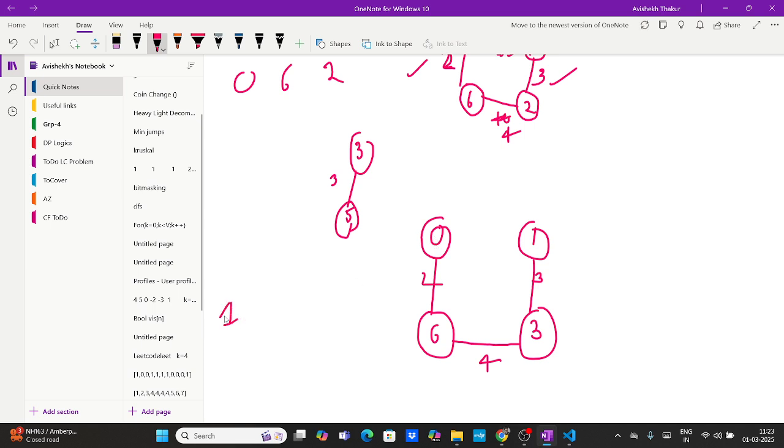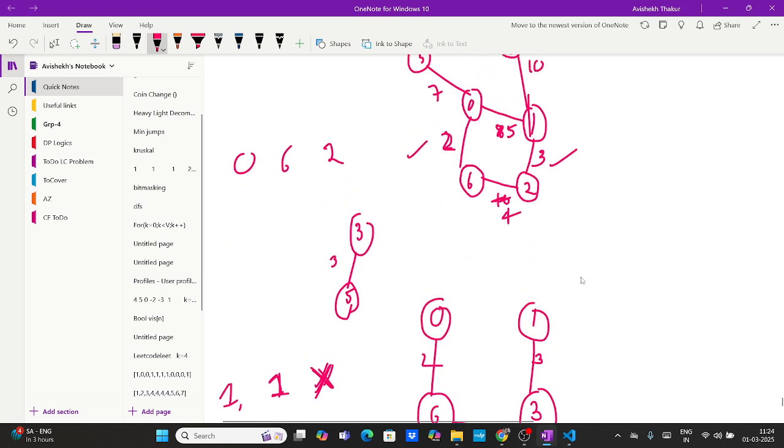What will be the representative of 1? 1 itself. If they are in the same component and I add them, it will become a cycle. So in this kind of case, we will not do anything.